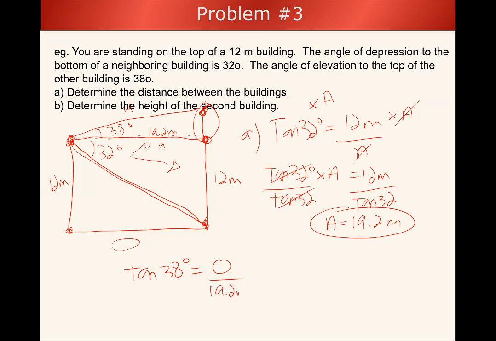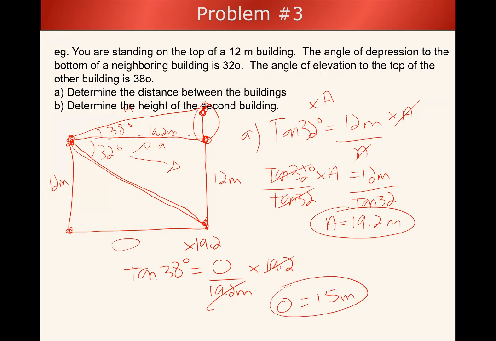19.2 meters. This one's a little easier to solve because multiplying both sides by 19.2 is all you really need to do. That gets rid of the 19.2 on that side, and that'll solve for O. It's an O, not a 0. So I'm going 19.2 times tan 38, and it gives me 15 meters almost exactly.